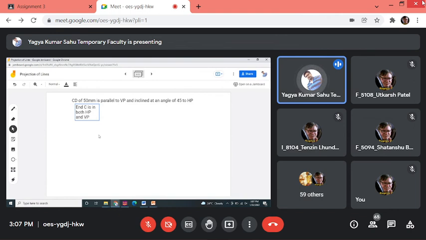So these are the coordinates. This is the given question.